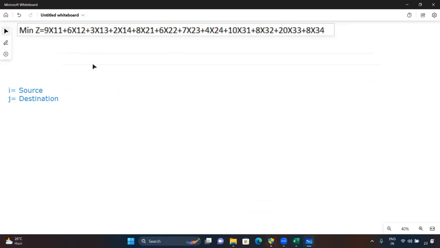Now how to formulate this one? So let us formulate the mathematical model in a more compact way. So what can we write? Min Z equal to summation, because we are doing the addition only. Okay.